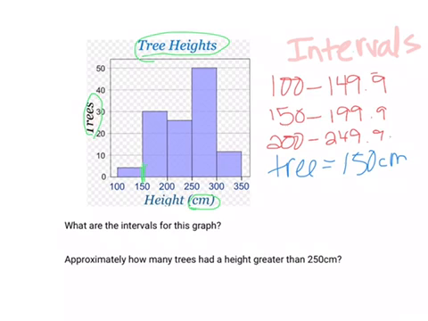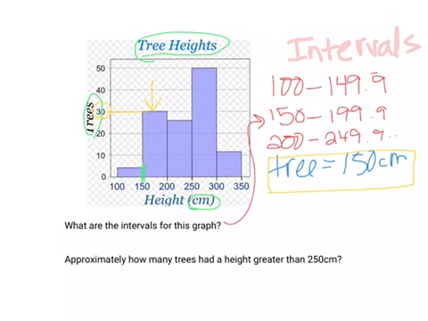So what are the intervals for this graph? We just answered that. Therefore, if we had a tree that was 150 centimeters, it would clearly go into this range and would be part of the frequency of 30 trees.